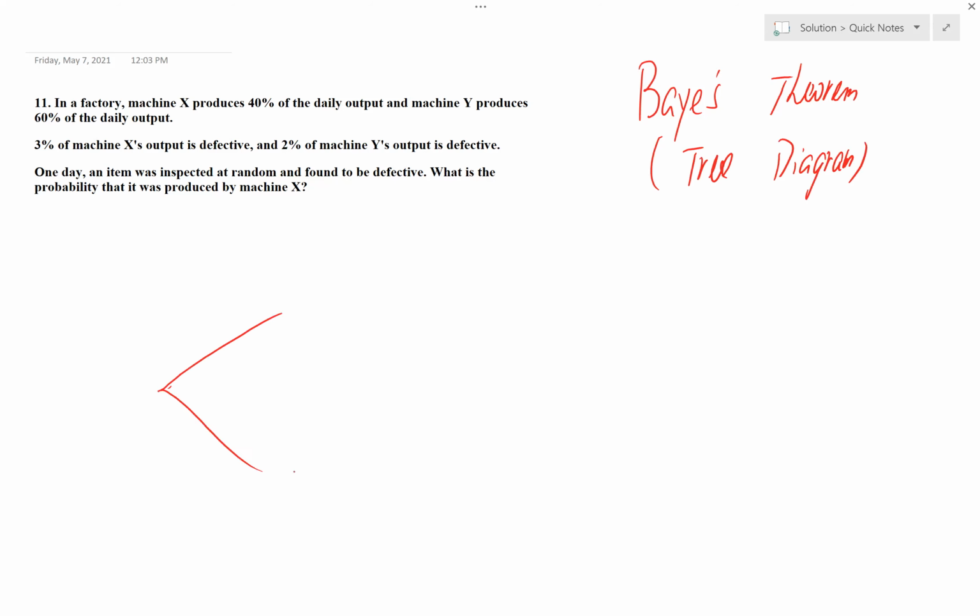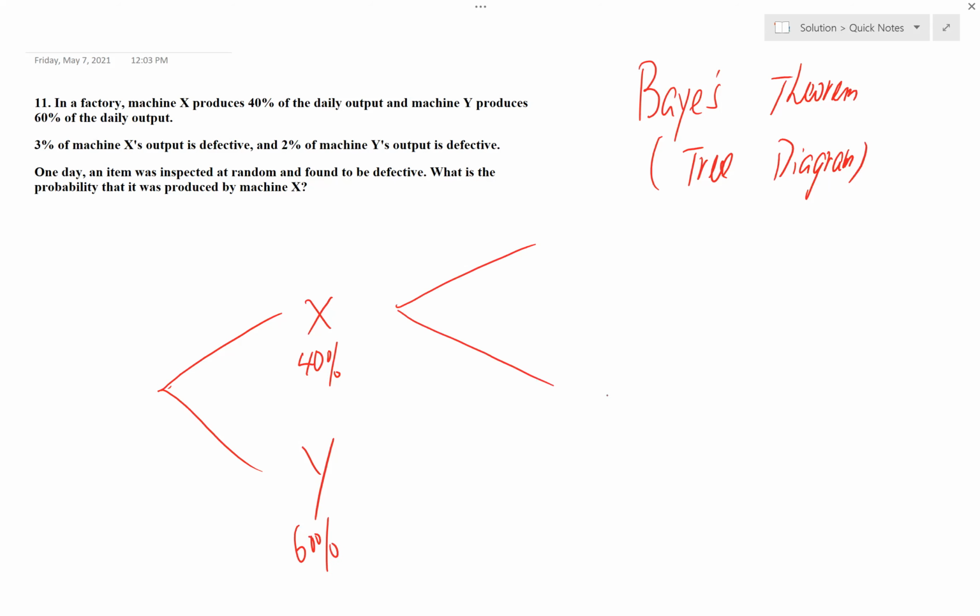So now we have 2 machines, right? Machine X. Think about it. If let's say we have multiple machines, X, Y, Z, right? Many machines, you can still use a tree diagram to understand the structure, also the relationship among those different machines. And we know that machine X produces 40% of the outputs, machine Y produces 60%.